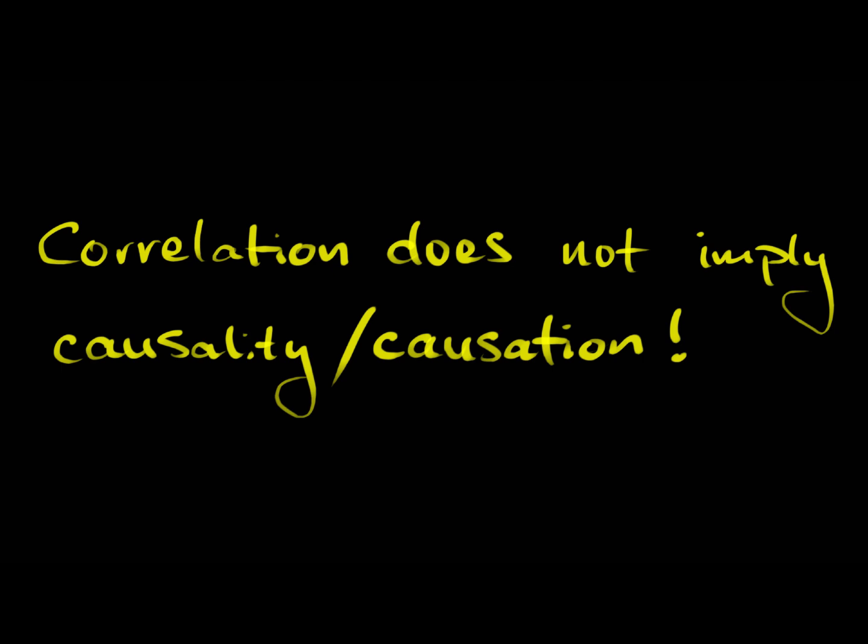I've said before, this is our main work tool in statistical analysis, linear regressions. They're based on calculating a correlation, and as I said, correlation does not imply causation, or correlation does not imply causality. If I say the word causality or correlation, those mean exactly the same thing here. Correlation does not imply causality.